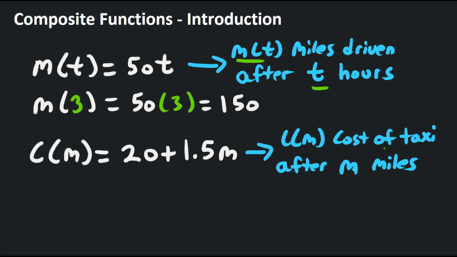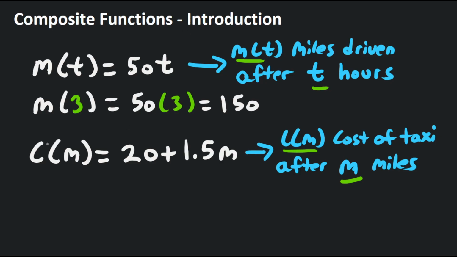So m is our input, and c of m is our output. After m miles, our taxi will cost us c of m, let's say dollars.